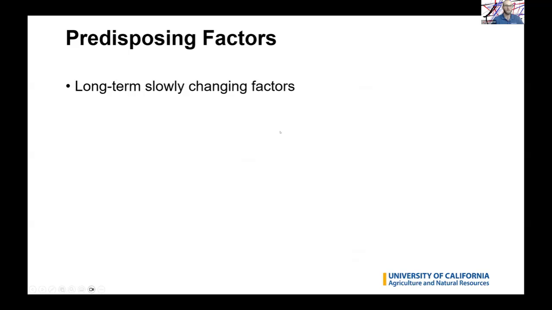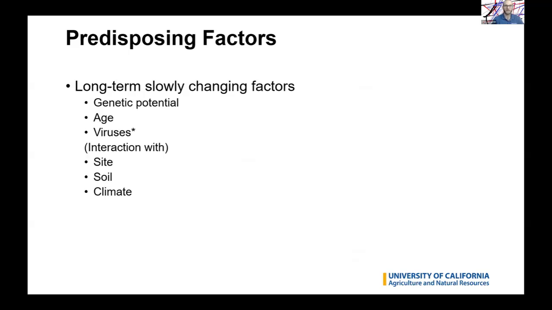These are things like the genetic potential of a tree, its age, whether it's infected with a virus, and site conditions: the soil, nutrition, and the climate that it's planted in. All those things are very hard to change, and if you are trying to change them, it takes time.